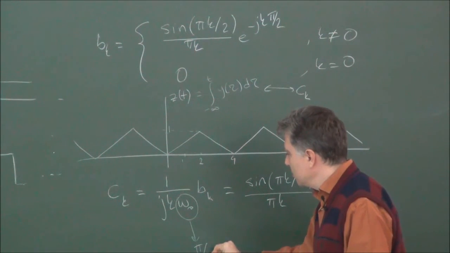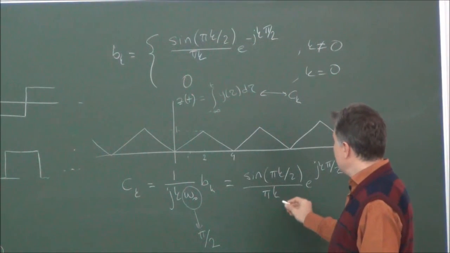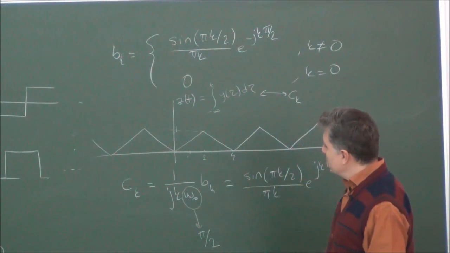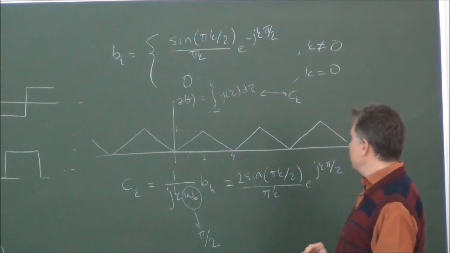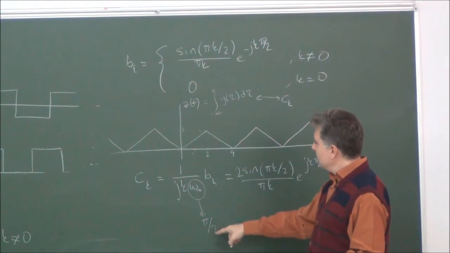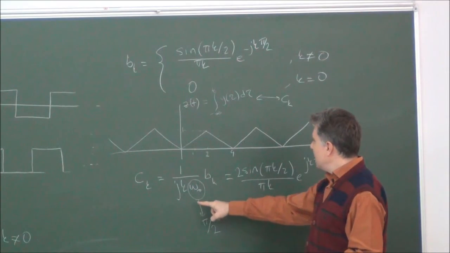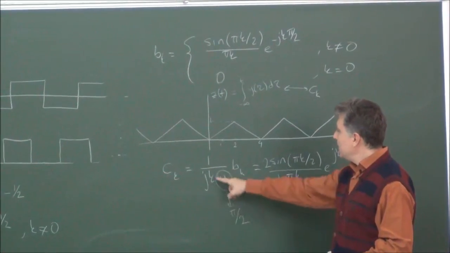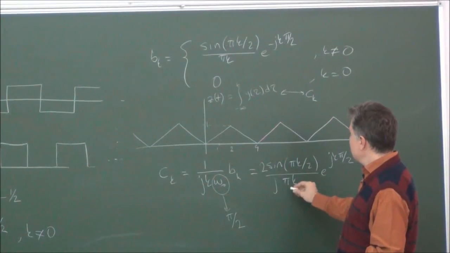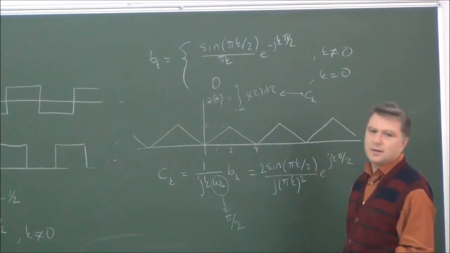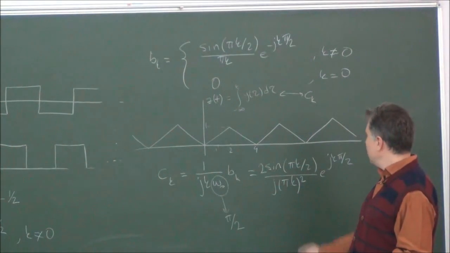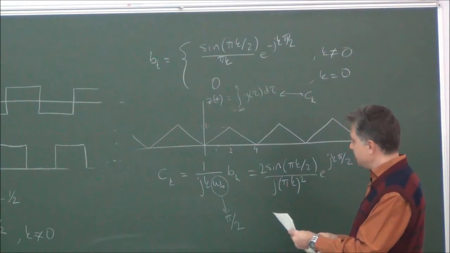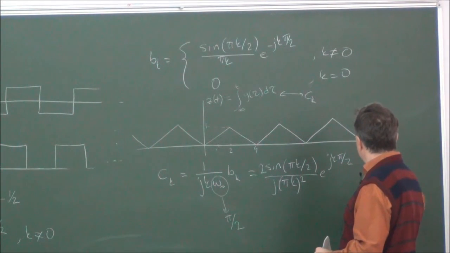This is pi over 2 for our case as well. So this over 2 goes to the numerator, which makes this 2 sine pi k over 2 divided by j times pi times k times pi times k, which is pi k square, I guess. Both pi is squared and k is squared, and the j comes into the picture. Of course, for k different than 0.